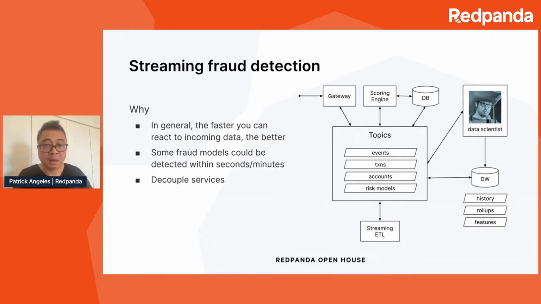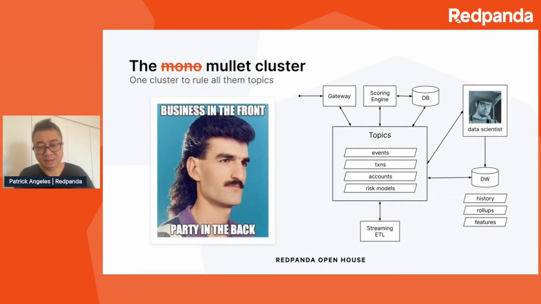But in general, when it comes to topics that are moving, they all tend to go into one cluster, right? This is how you would probably build this prototype. And the issue is you wind up with a mullet, right? You're doing your operational transactions in the front, with button-down business-side SLAs.